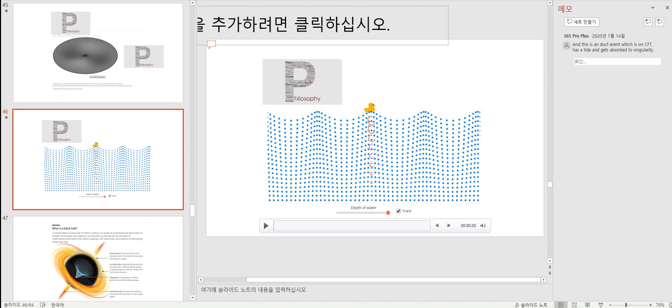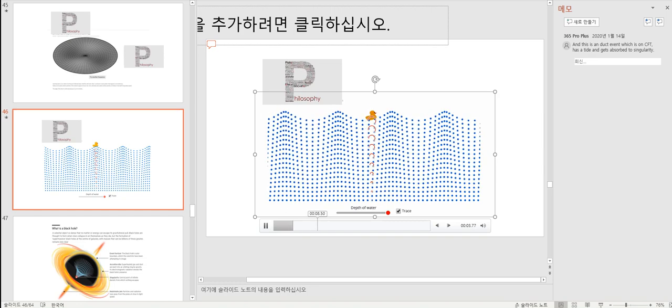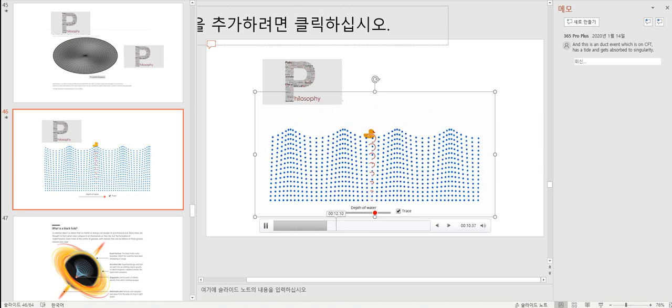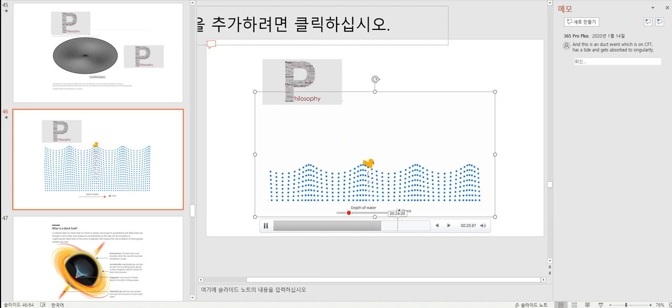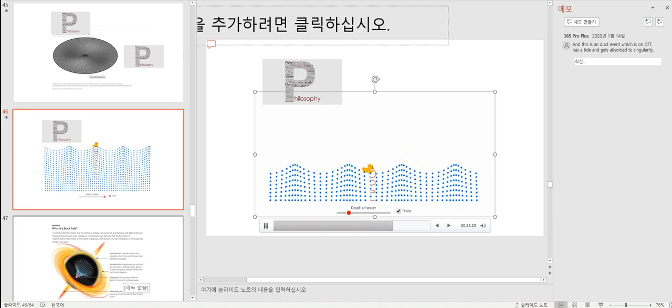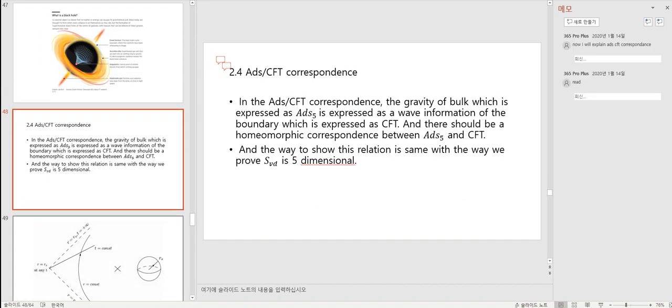And this is a dark event, which is on CFT as a tide and gets absorbed into the singularity. So when combining AdS and CFT, we have this shape in which a black hole is a sphere with infinite curvature.